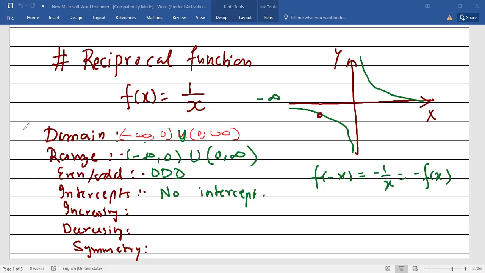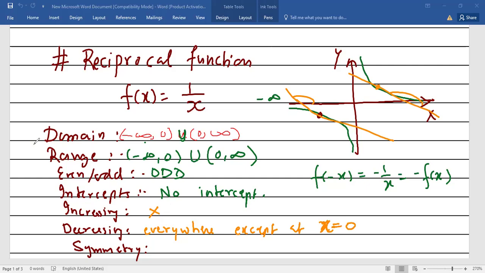You just draw one slope and see what is happening. It is making an obtuse angle. Here also you can draw a slope, it is making an obtuse angle. So everywhere the slope is negative. So it is not increasing anywhere, it is decreasing everywhere, except at x equal to 0 where it is not defined.